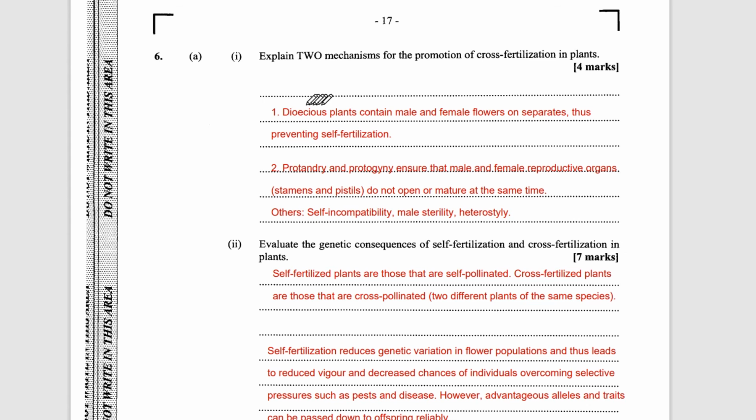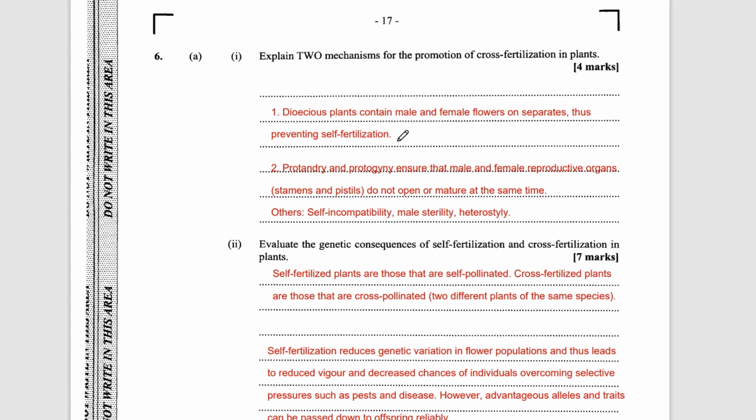The word dioecious means 2 houses, and what that basically means is males in one house, females in the next house, males in one plant, females in the next plant. And what dioecious plants contain is male and female flowers on separate plants, thus preventing self-fertilization.